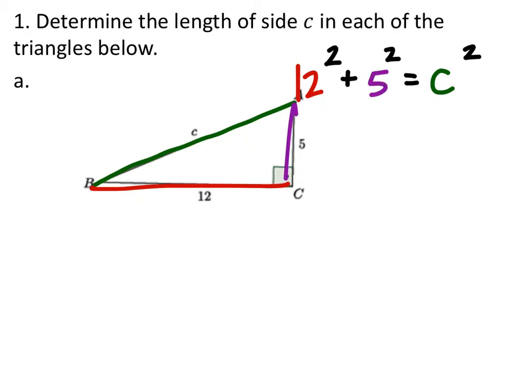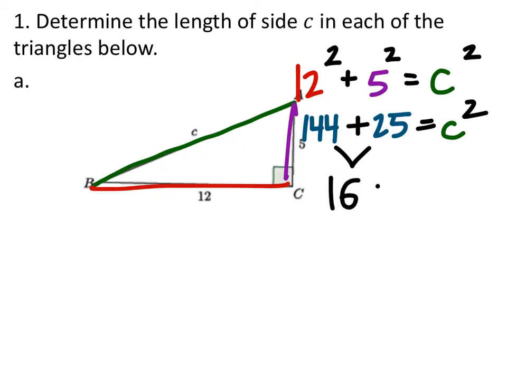So evaluating these, 12 to the power of 2 is 144, and 5 to the power of 2 is 25. So when I add these together, I should get my hypotenuse squared. 144 plus 25 is 169, and this equals the hypotenuse squared.